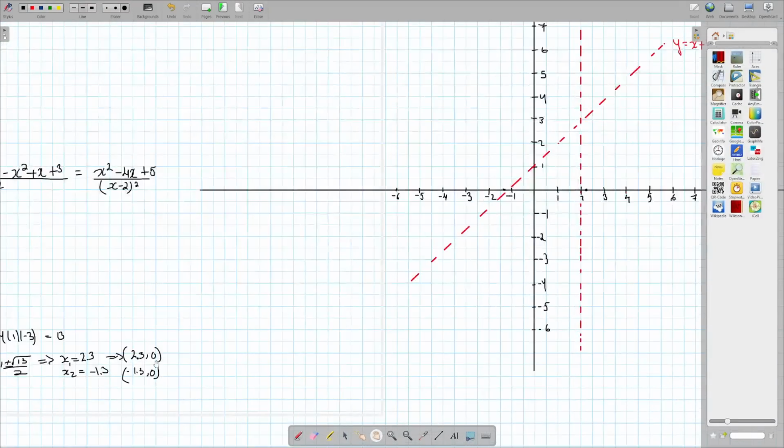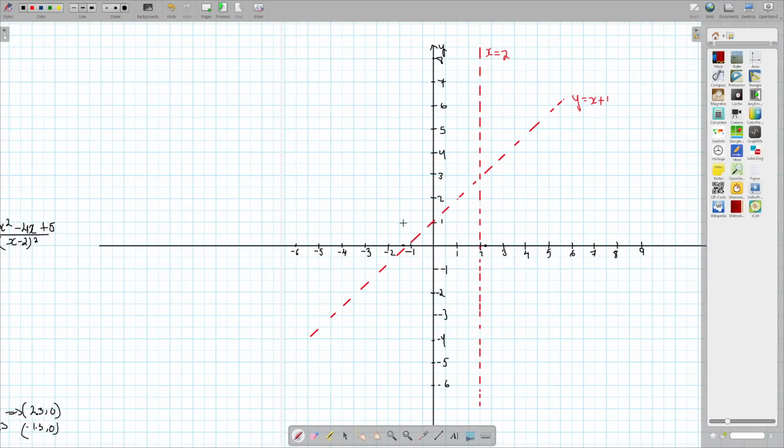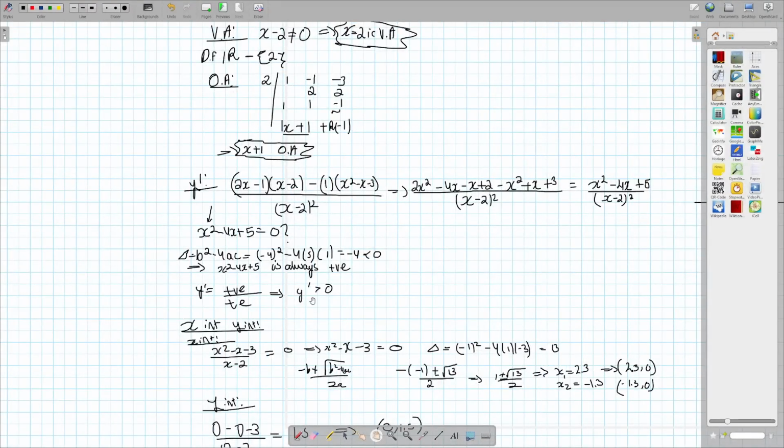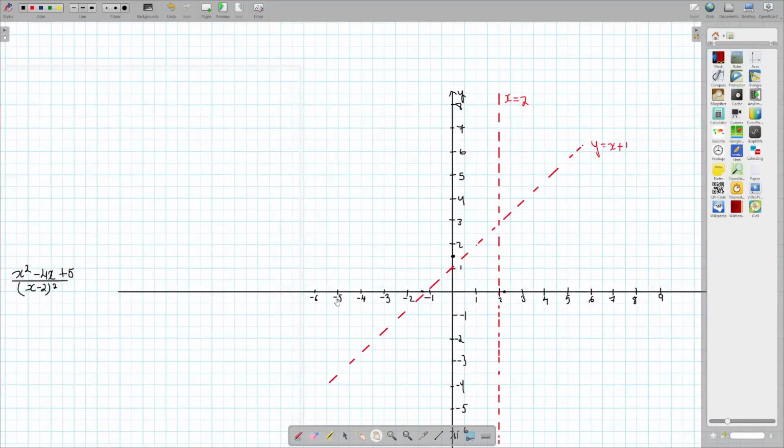We also have 0, comma 1.5 over here. So we need to see y prime. We know that y prime is always positive, so we're always going up. Like I told you, when you start on the left you start on the asymptote, so you would go along the asymptote and increase.